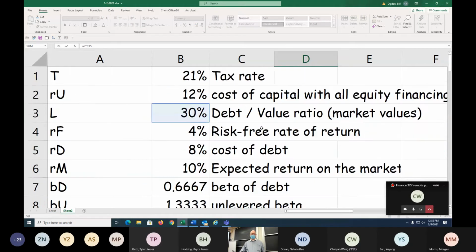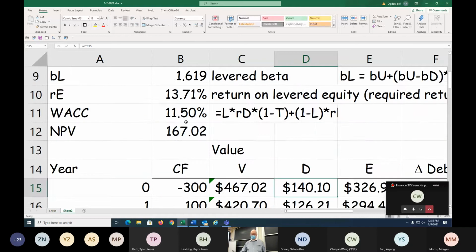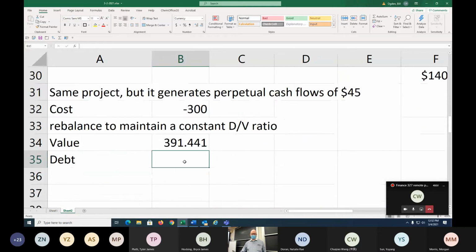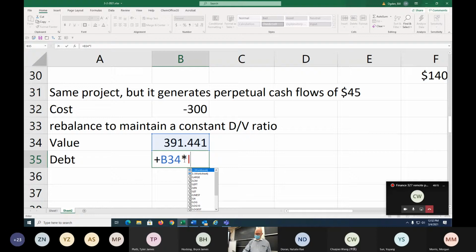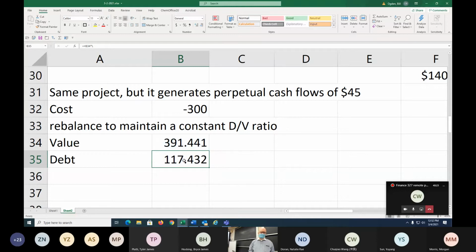We borrowed 30%, didn't we? So why would we not do it down below here? Let's borrow 30%. Your leverage ratio, L equals debt to value. So it will borrow 117,432. All right.